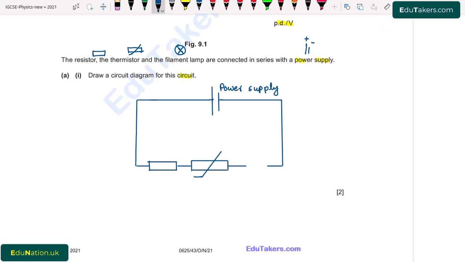So this component is a resistor. This one is the thermistor. And at that place we have to draw the filament lamp.